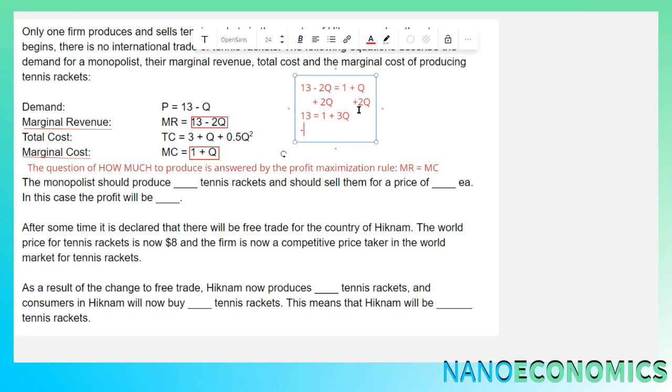And now we'll just subtract 1 from each side, and we end up with 12 equals 3Q.